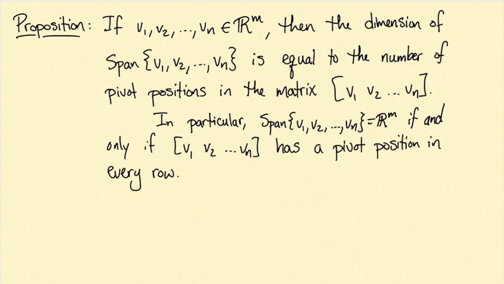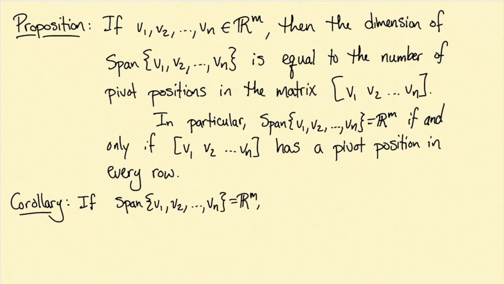Now, because we know the number of pivot positions in our matrix cannot exceed the number of columns in our matrix, we have the following handy result. If a set of vectors spans Rm, then there must be at least m vectors in that set.